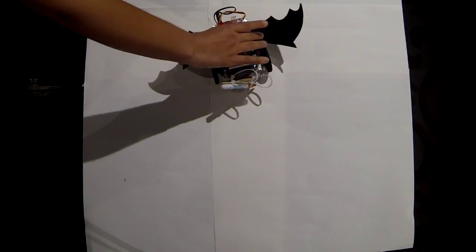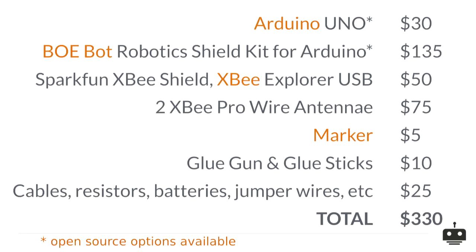So I'm using XBees, which just allows us to use radio waves to talk via the USB, so that we don't have to be tethered, because I don't like wires. Let's see, what else? We also need a marker, obviously, so that we can draw little things. And we've got other little accessories, glue guns, felt for wings, etc. And it comes out to approximately $300-ish. This is US dollars. I understand that here in New Zealand, everything is just multiply it by 2 or something.